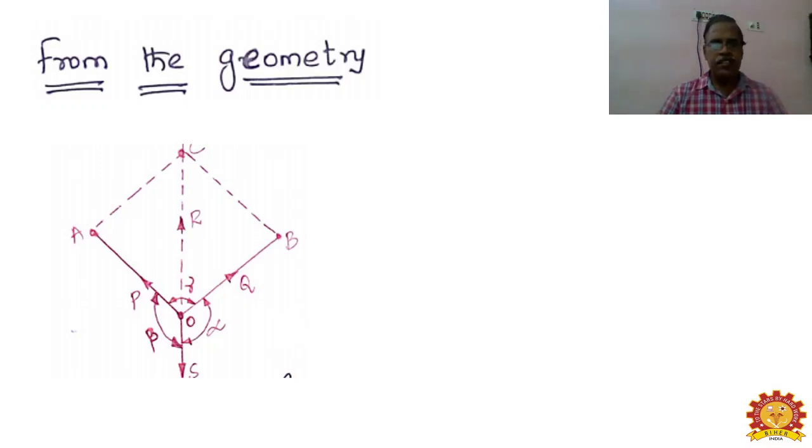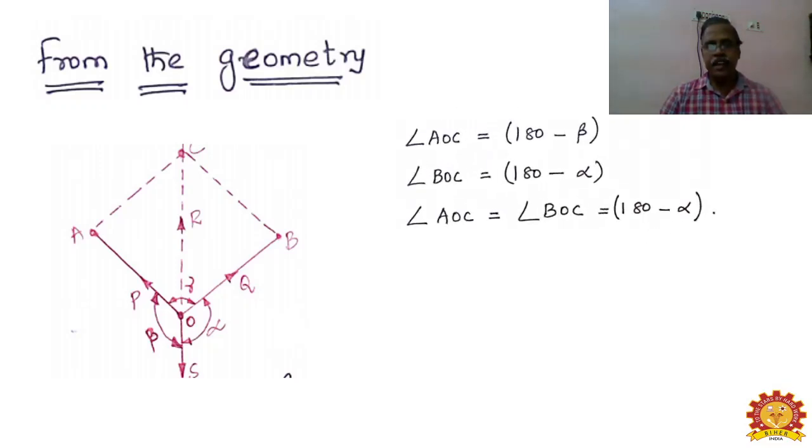By this diagram, it is easily understood that it has formed two triangles: one is OAC and the other is OBC. Now let us take the angles from these triangles. It is very easy to identify that angle AOC will be equal to 180 minus beta.